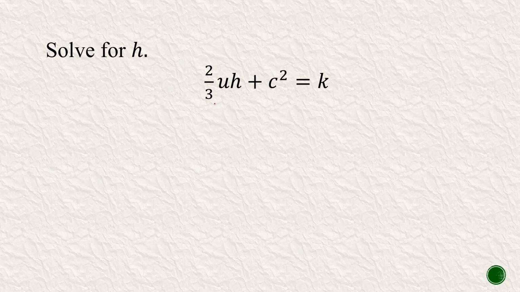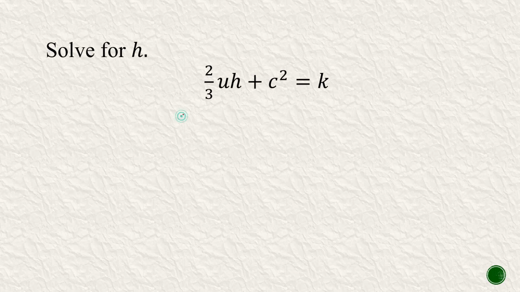How are we going to eliminate the denominator? The denominator is 3. So I will apply the multiplication property of equality, just like what we did in the equations that we had earlier with fractions. I will multiply each of the three terms here by 3.